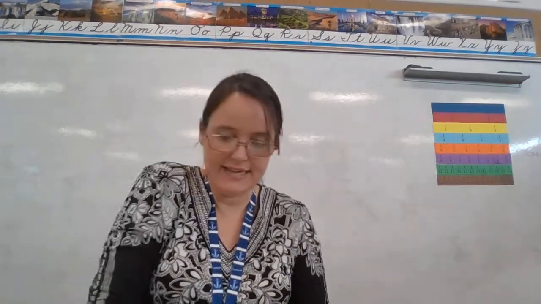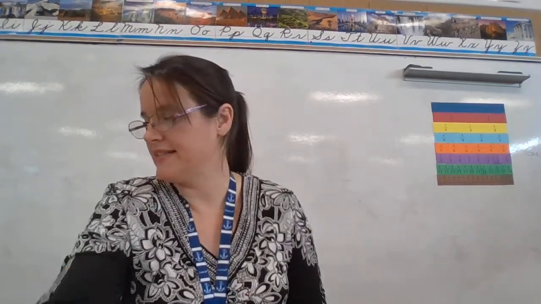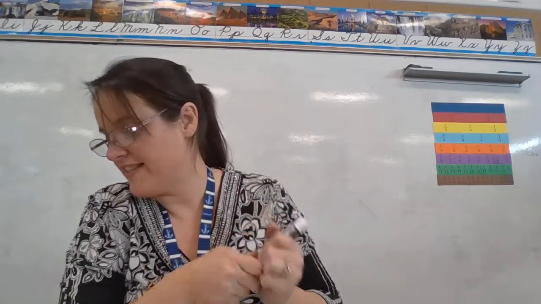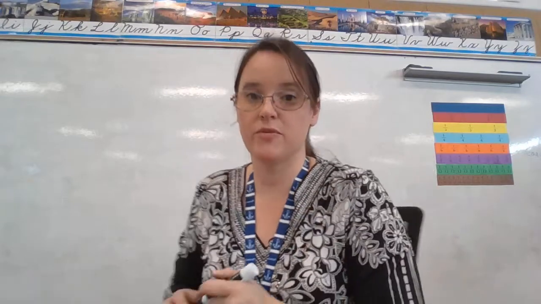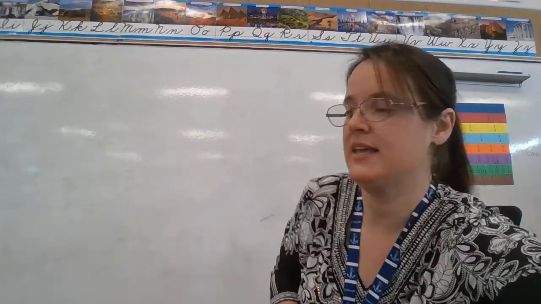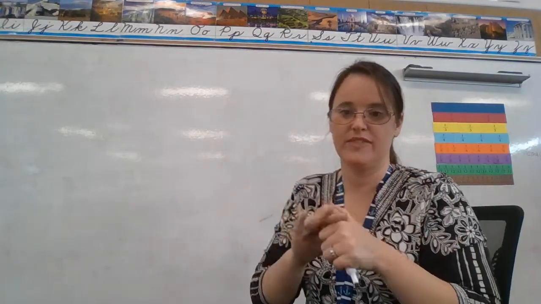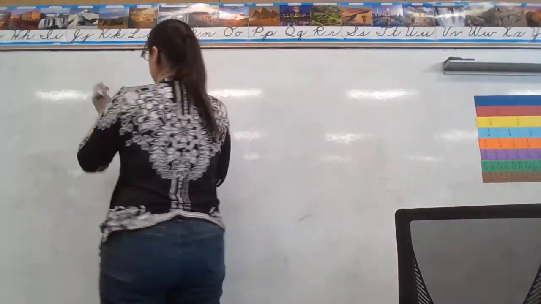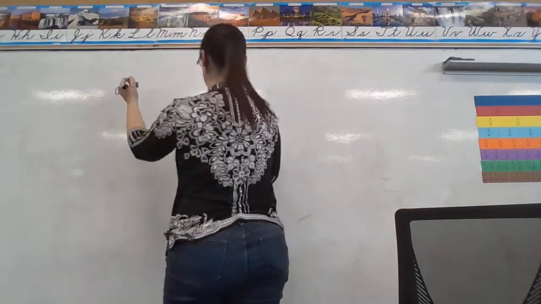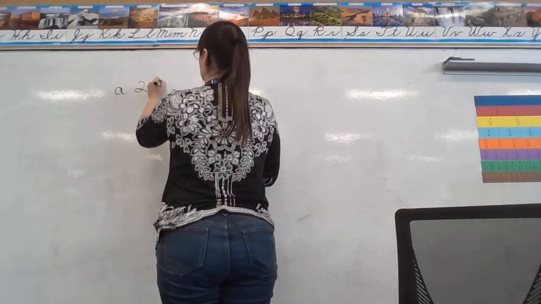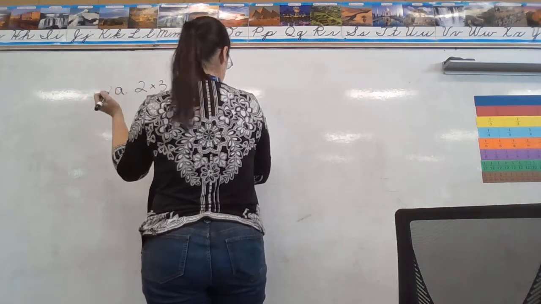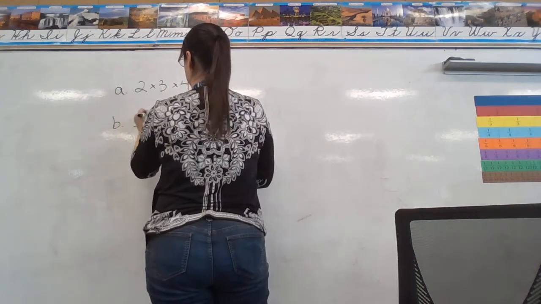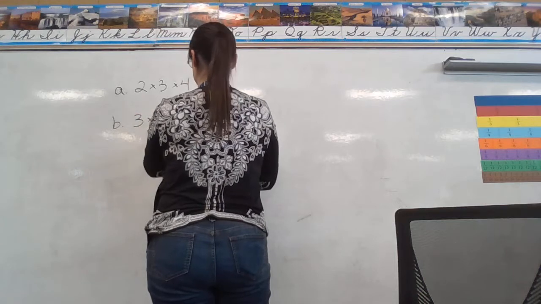All right, next up is our lesson practice. So you can find this in your book on page 402, or I'm going to write it on the board behind me, and you can do it along with the video. So we have A is 2 times 3 times 4. B, 3 times 4 times 10.